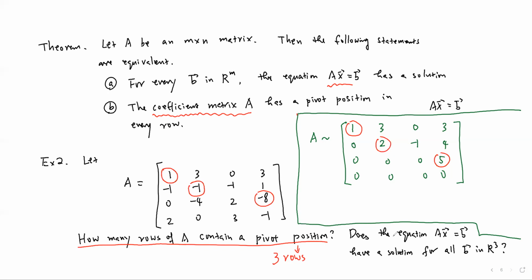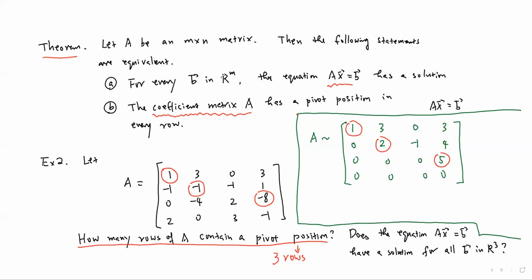Now the second question. Does the equation have a solution for all B? The answer is no, because coefficient matrix A does not have a pivot position in every row. Row 3 contains no pivot position.